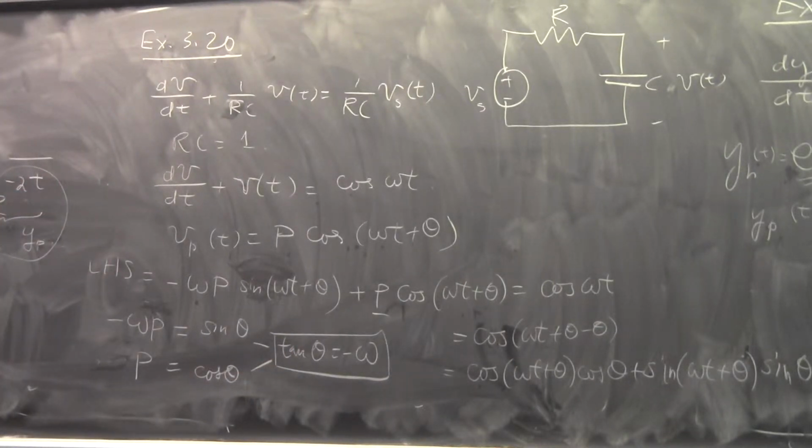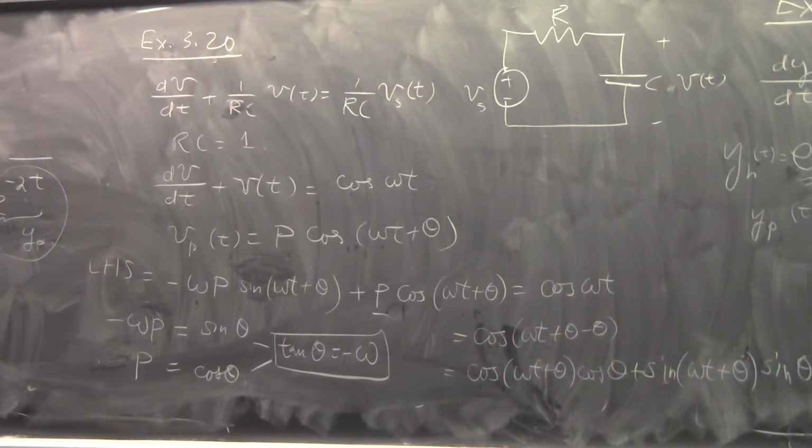Previously, we got minus omega over RC or something like that. But then we make our RC equals 1, so we just get this simpler equation. And then to get our p, what do we do? We square the two equations and add them up. The right hand side adds up to 1, right? You know that sine squared theta plus cosine squared theta equals 1.